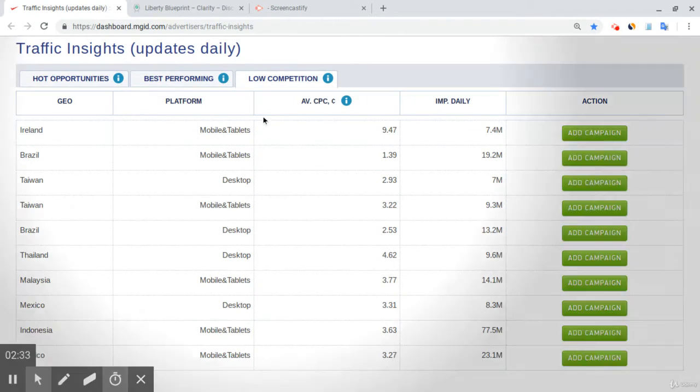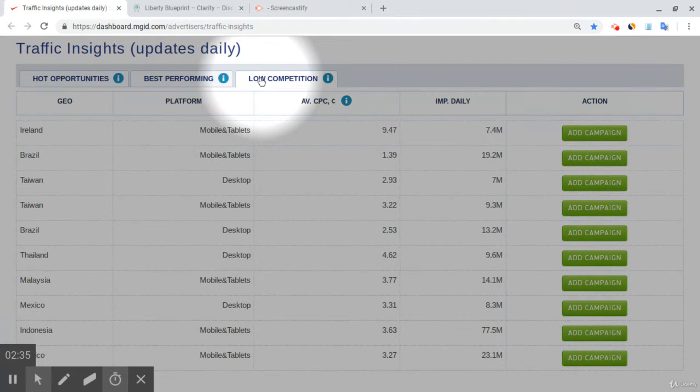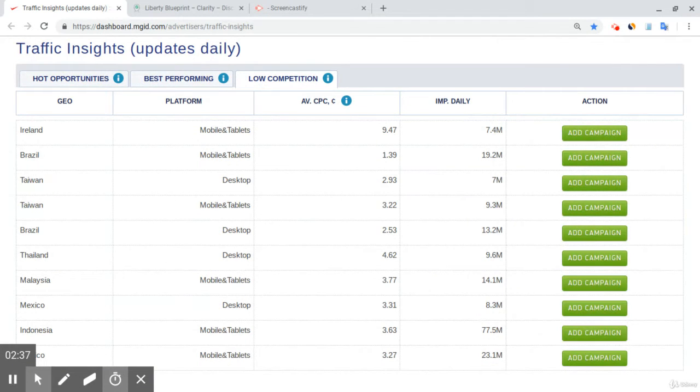Next, you're going to want to try looking at this chart here that says low competition. This is a great chart to look at as well because it tends to have cheaper traffic too, because fewer advertisers are targeting these countries and platform devices.